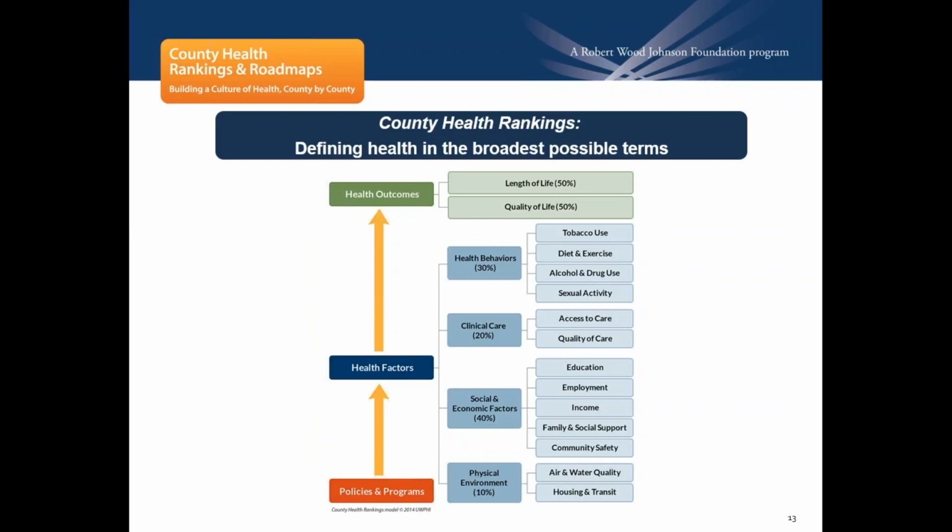And then also, are there specific zip codes, neighborhoods, or school districts where the measure indicates a localized problem or opportunity? We link to some data sources that will provide demographic or sub-county data for some of our measures, and we also always encourage you to look for local data sources that will help you answer these questions.